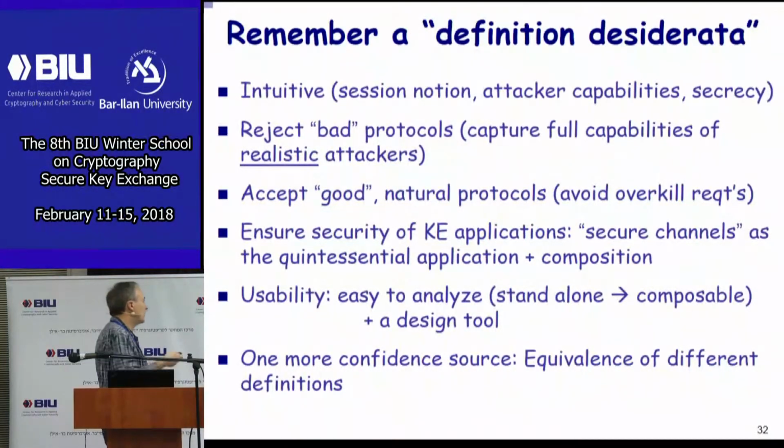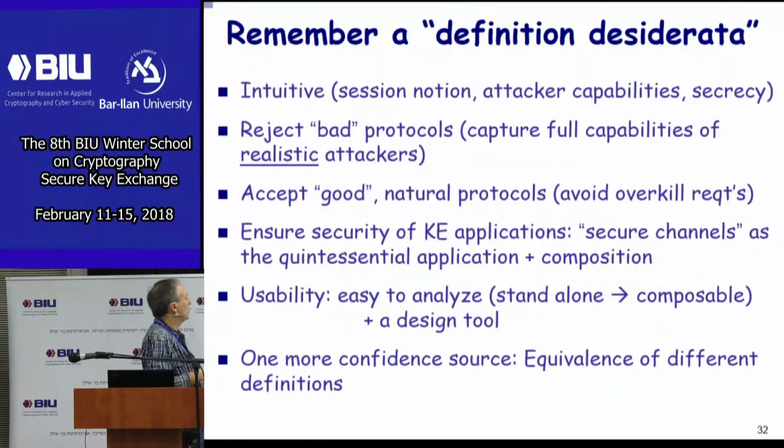So when we go to a definition, right? I had this slide before about what we want from a definition. So, intuitive, but in this case, the notion of session, attacker capabilities, secrecy, these are things that we all understand we want.